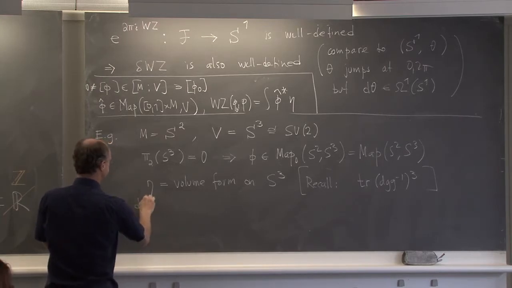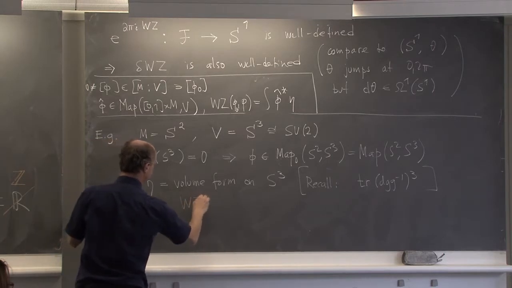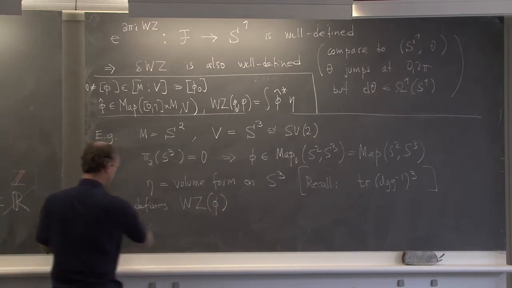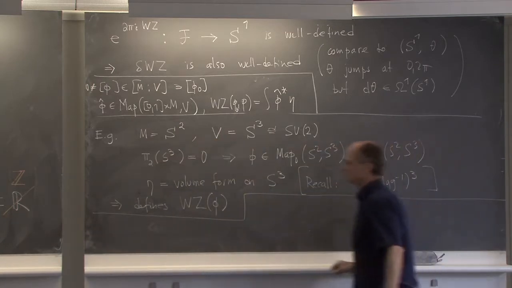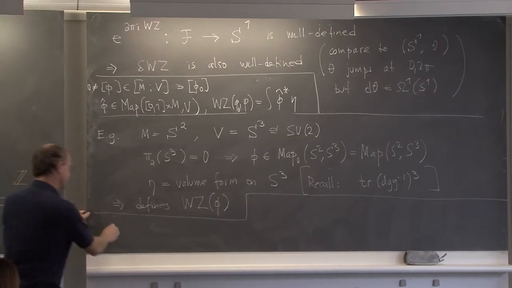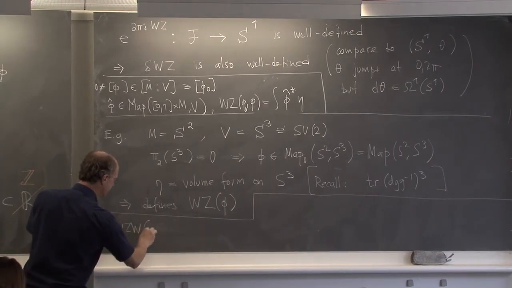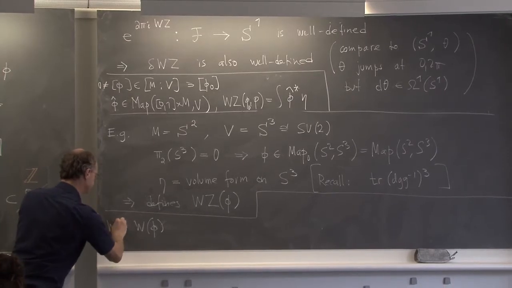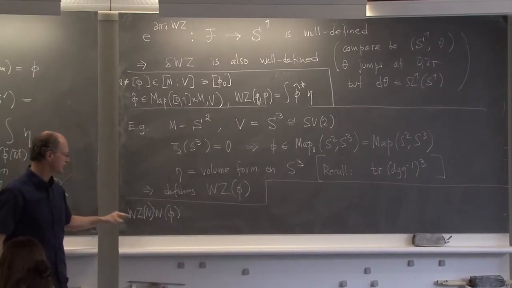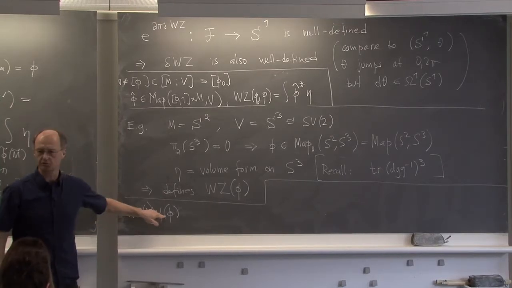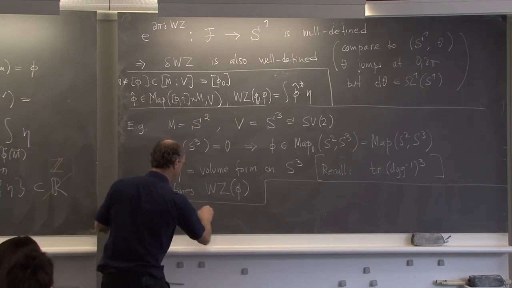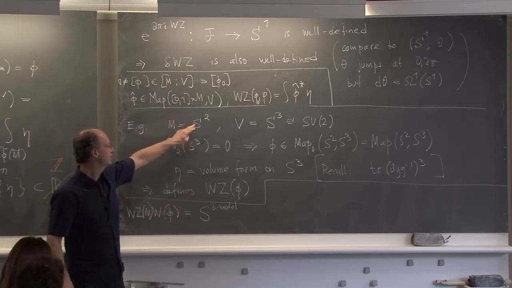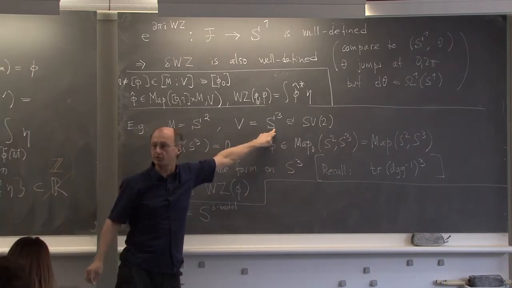So this defines Wess-Zumino of phi. Perhaps I should mention at the moment, perhaps it's not so interesting, but there is a very famous example which is called in the literature WZW or WZNW of phi, and this is the sigma model action where you take a round metric on one sphere, a round metric on the other sphere.